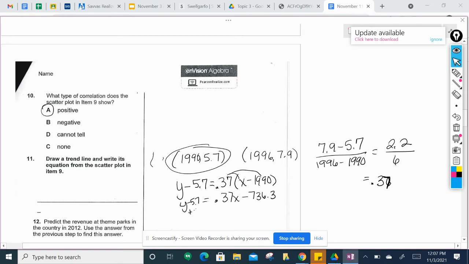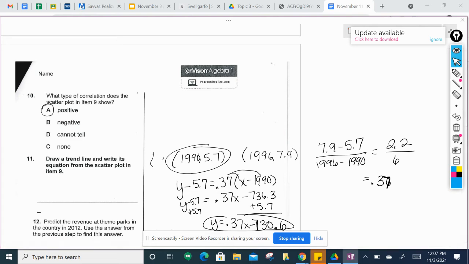All right, last step is I need that y by itself, so I'm adding the 5.7 to each side. And when I do that, I end up with y is equal to 0.37x minus 730.6. That would be my equation based on the trend line that I drew.